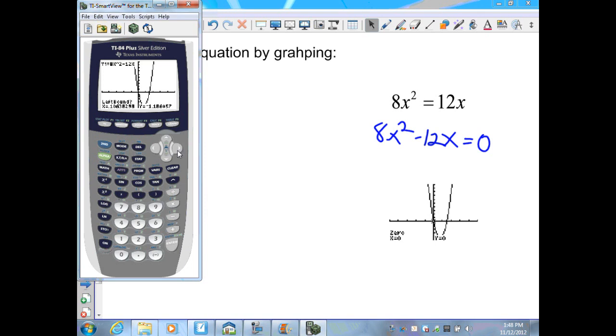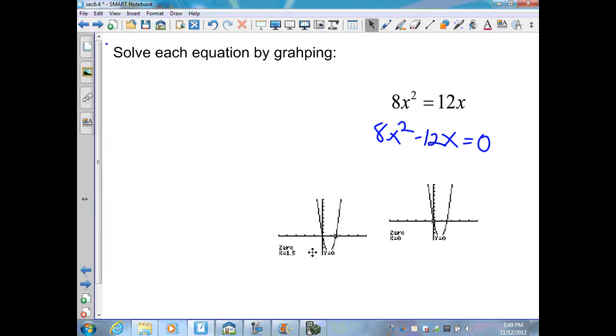And then scroll to the left of my next intercept. Enter. Right bound, enter, and then guess. Those are our x-intercepts, so our solutions are going to be x equal to 1.5 and x equal to 0.